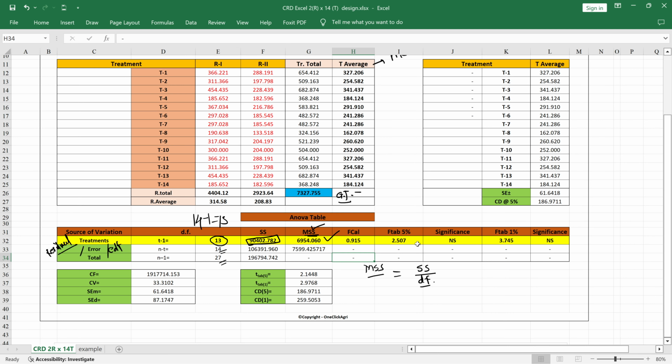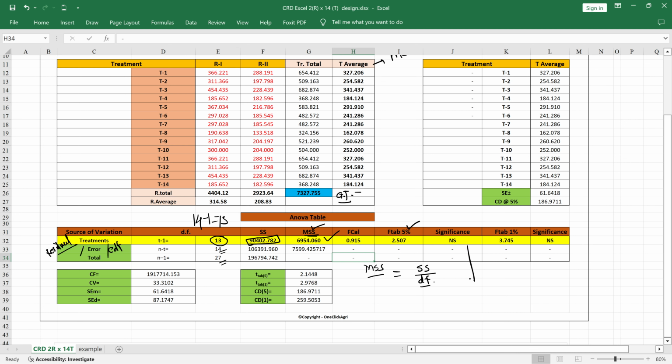Then you can see here at 5%. For agriculture research we consider the 5%, and if it's in lab then also we can consider 1%. So I gave you in this ANOVA table, you will get for the 5% as well as the 1%, and you can see here the significance.